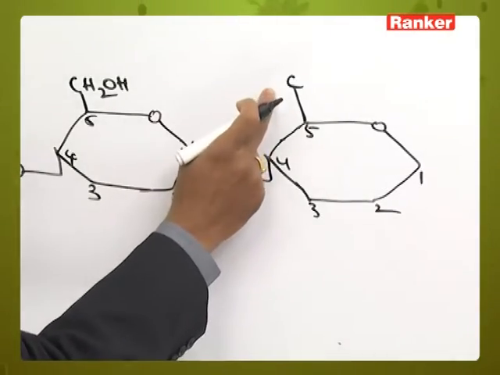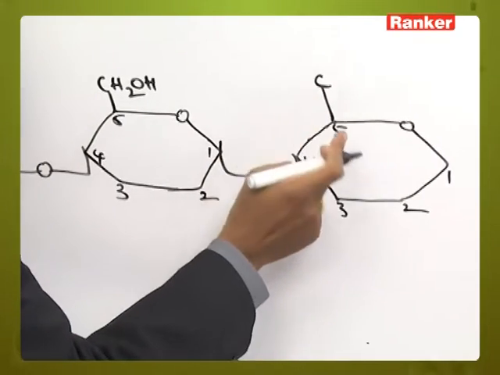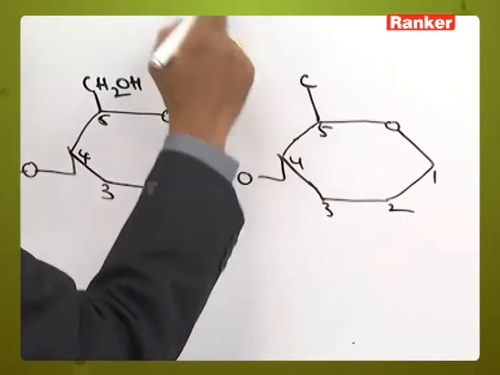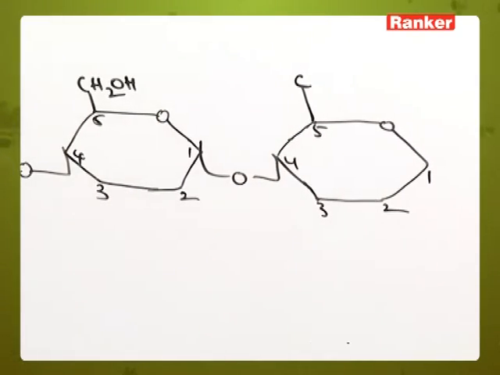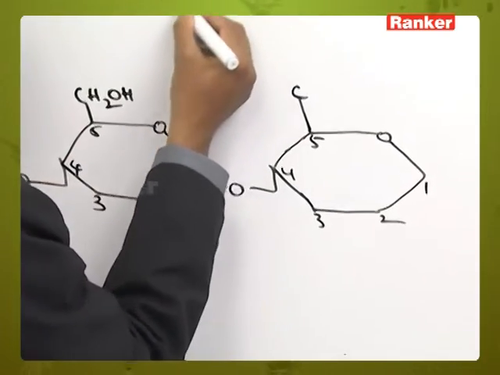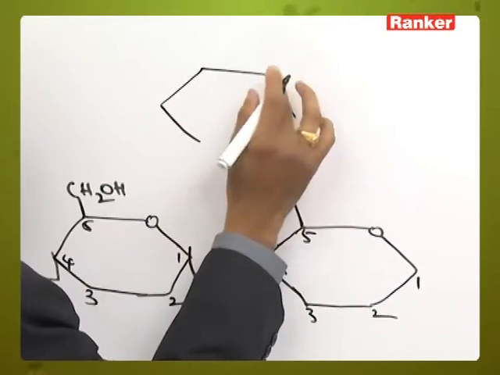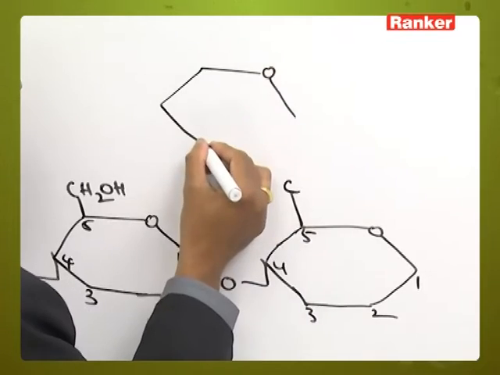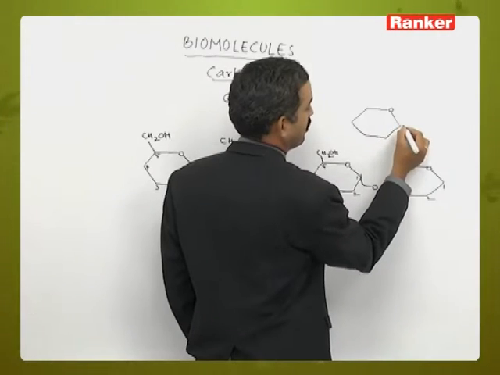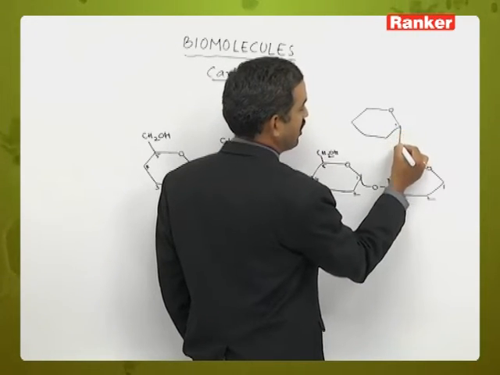The side chain is formed between the sixth carbon of the straight chain and the first carbon of the side chain. Like this, this is a side chain. The first carbon of the side chain. So, like this the bond will be formed.